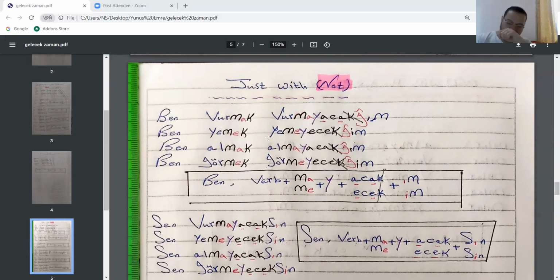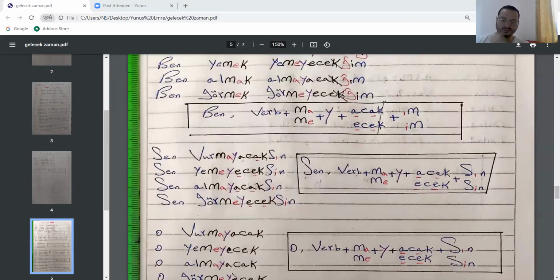But in Turkish, all of this is made from 1 part. Almayacağım, I will not take it. But here, I didn't mention what I will not take. Görmeyeceğim, I will not see it.